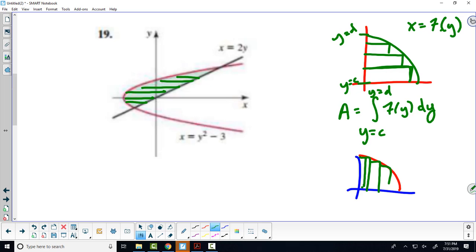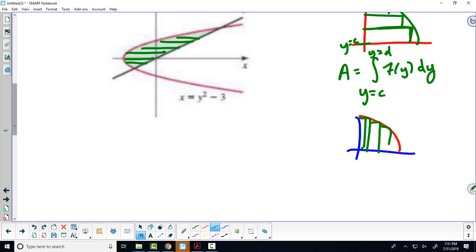Think about that word slicing. It's a good way of thinking about this. In our partition before, we sliced with respect to x. Now we're slicing with respect to y. Other than that, everything is exactly the same.